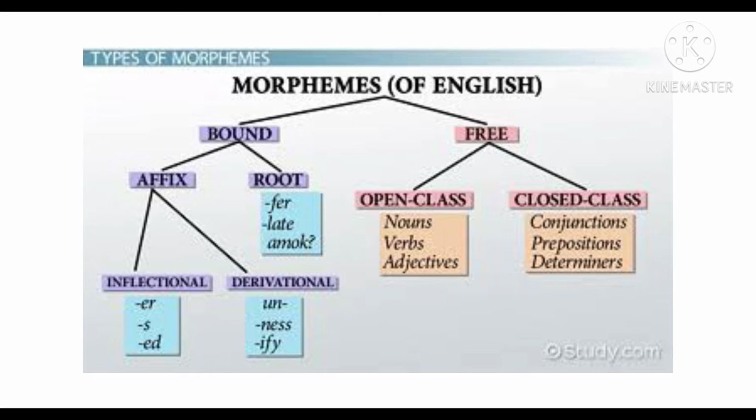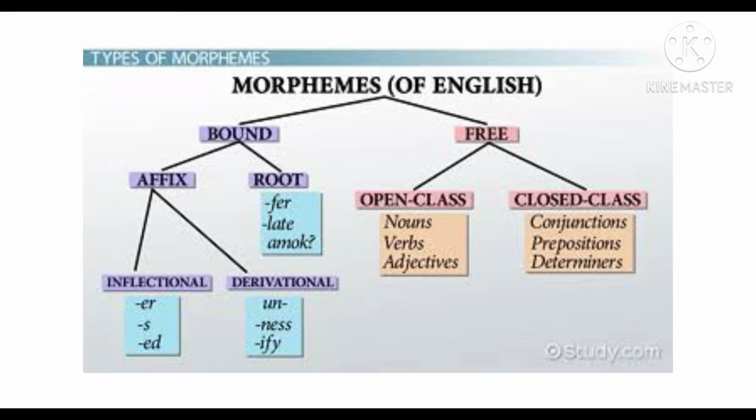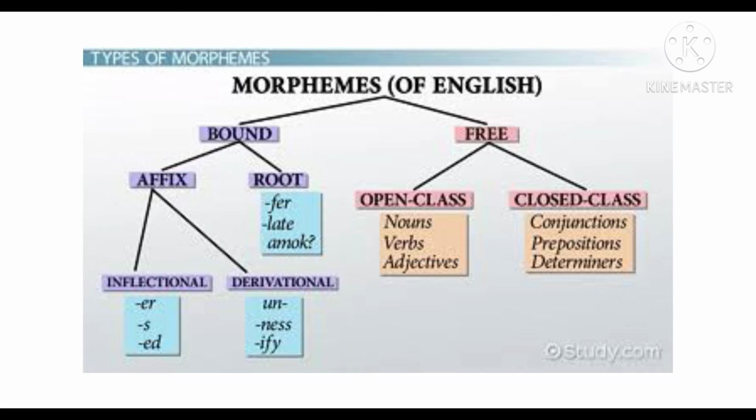Kinds of morphemes. An affix is a morpheme that can be added to a word and which changes the meaning or function of the word. And a root is any unit to which affixes of any kind can be added.